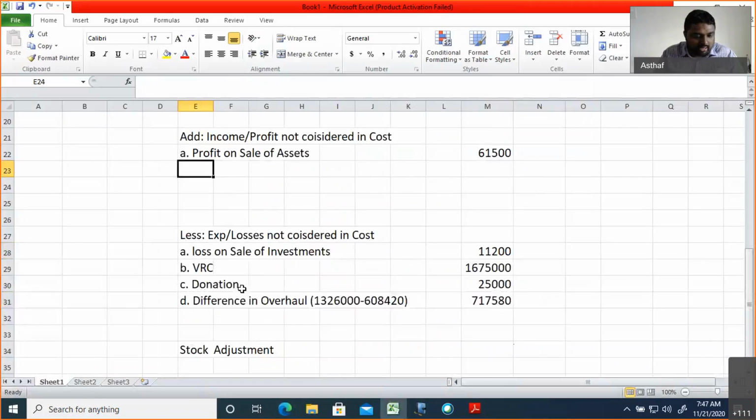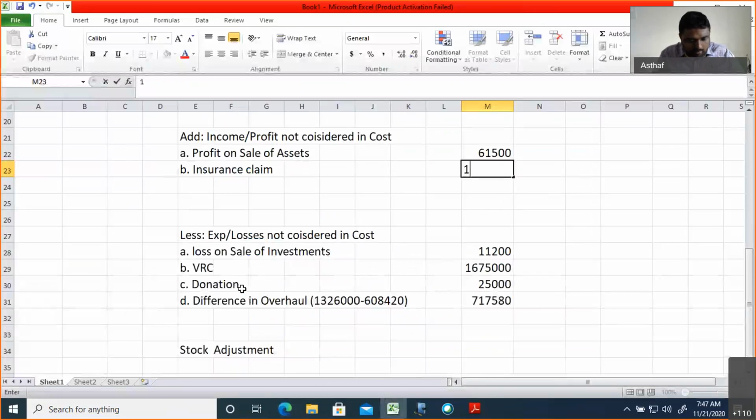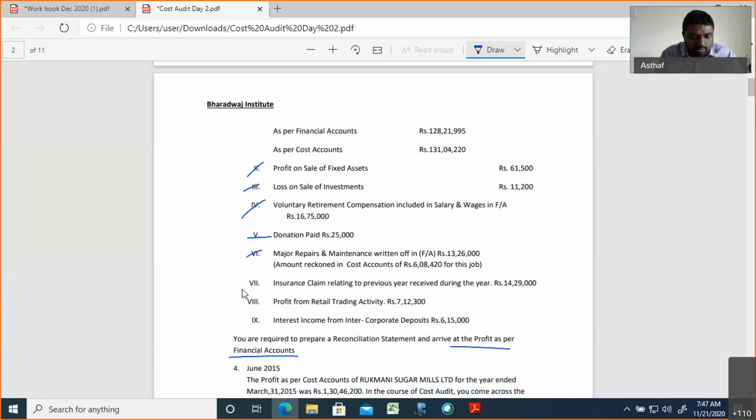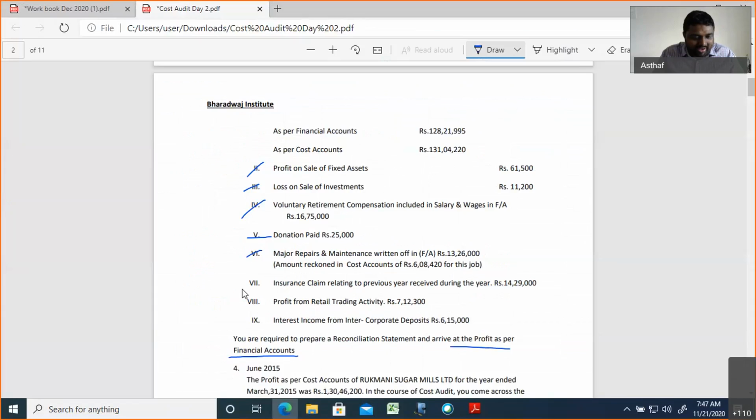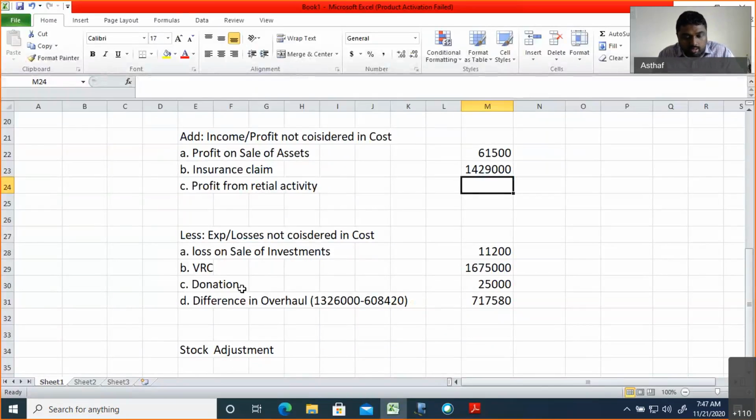That is for the last year. What is the amount? 14,29,000. Then profit from retail activity, 7,12,300.